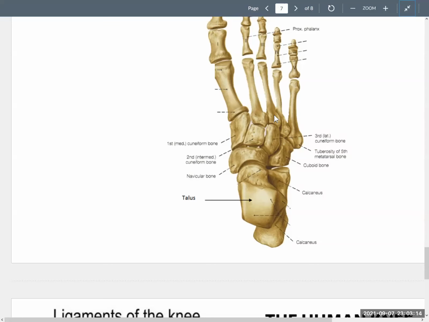The third metatarsal articulates with cuneiform 3. 1, 2, 3. Now, this next bone articulates with both digits 4 and 5, just like in the hand, where we had 4 and 5 articulating with the hamate. Well, this is not the hamate, but it's a bone shared by metatarsals 4 and 5. This is the cuboid bone.